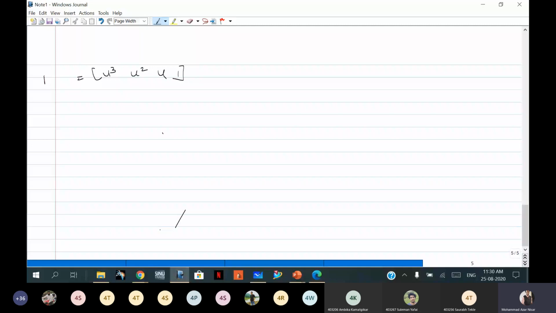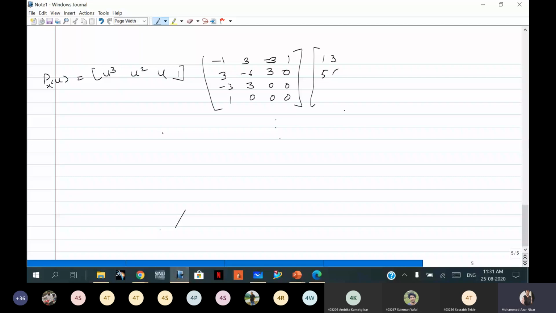Suppose we are doing for P of u, x. Then the matrix is -1, 3, -3, 1, 3, -6, 3, 0, then -3, 3, 0, 0, and 1, 0, 0, 0. This is the matrix and the positions given of the points 1, 3, 5 and 6, 6 and 0, 7 and 2. Now how to multiply this?